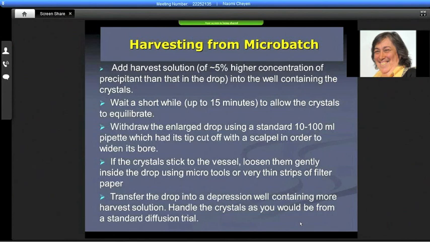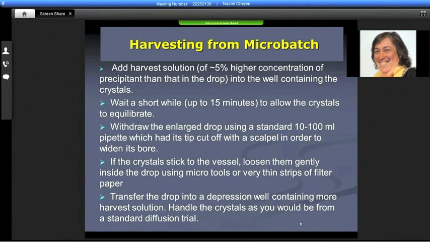You withdraw this whole enlarged drop from under the oil by just using a 10 milliliter pipette, which has its tip cut off with a scalpel in order to widen the bore. So if you can imagine those yellow tips or white tips, just cut the bottom of it off, and that gives you a larger bore.